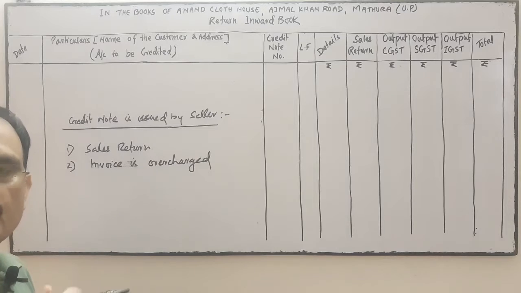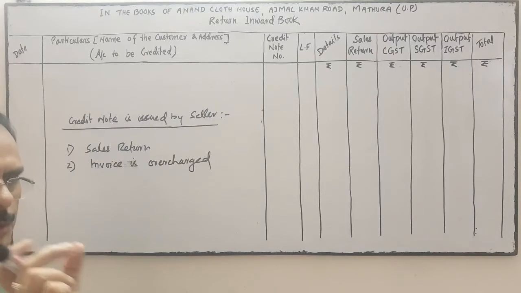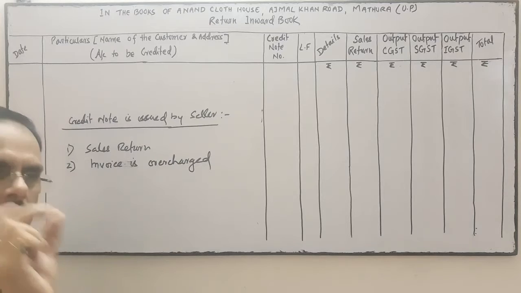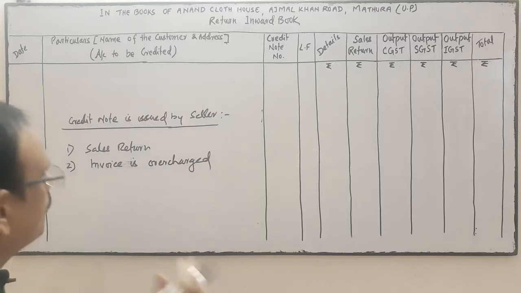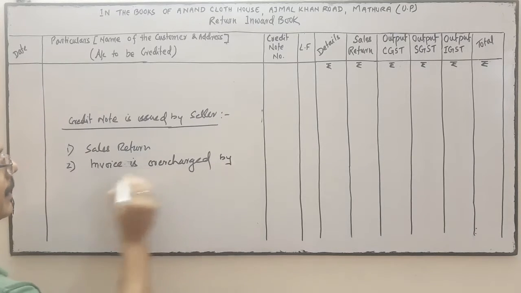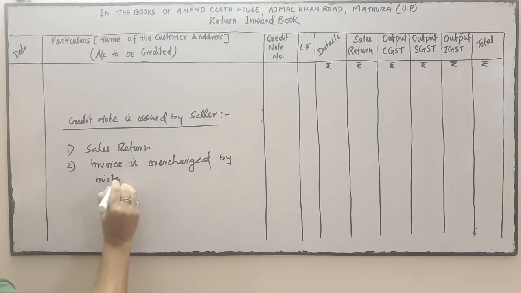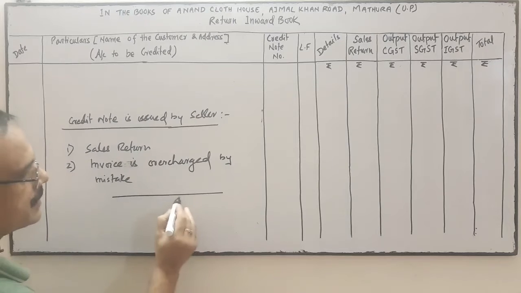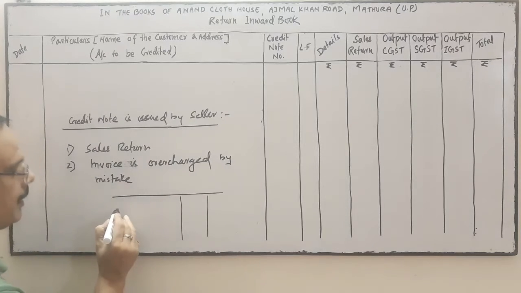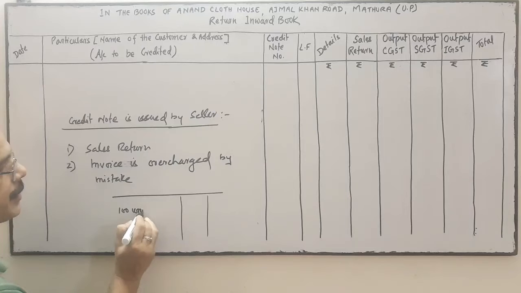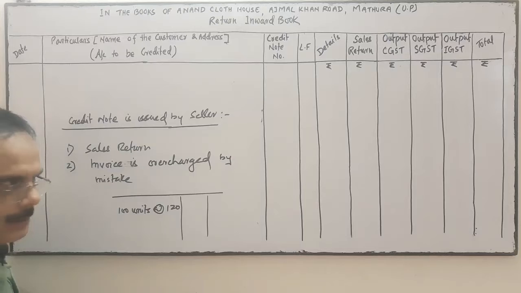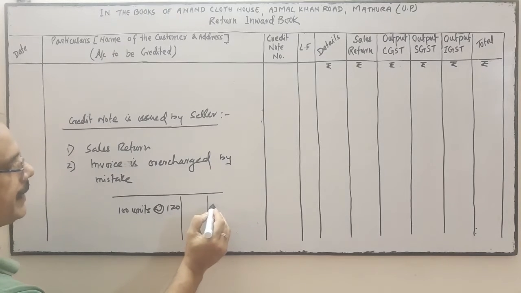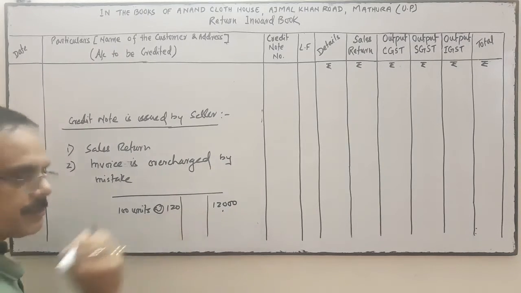When the invoice is overcharged, it means for some of the goods the rate was charged in excess by the seller by mistake. Suppose this is the invoice. He has sold 1,100 units at the rate of rupees 120 per unit. So he has written over here this much amount.